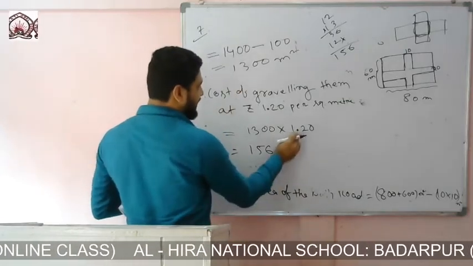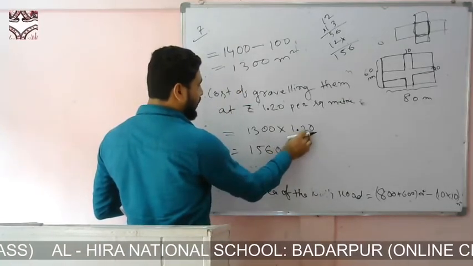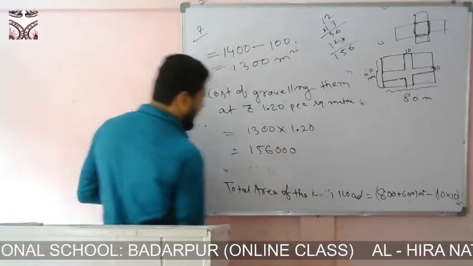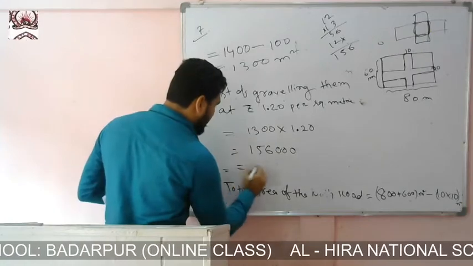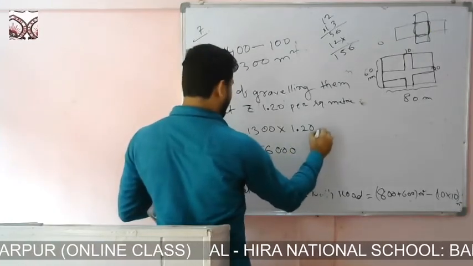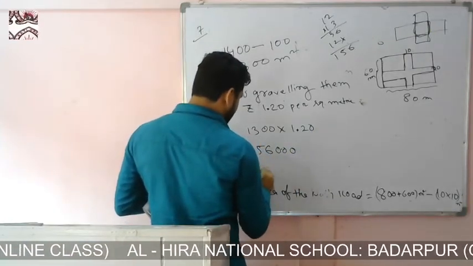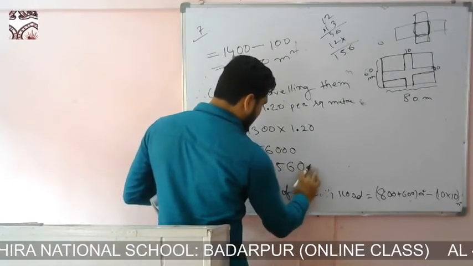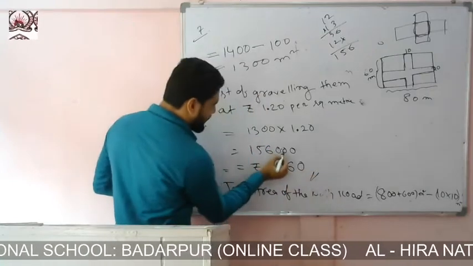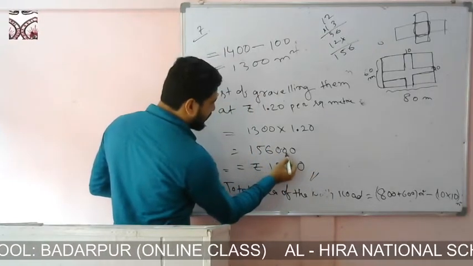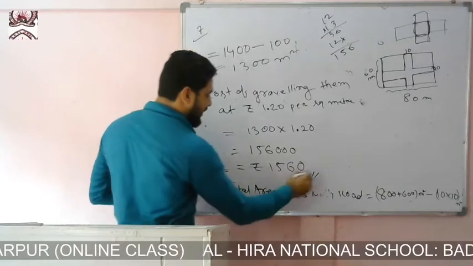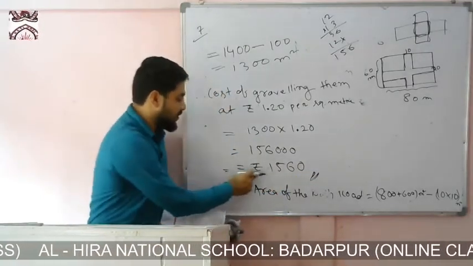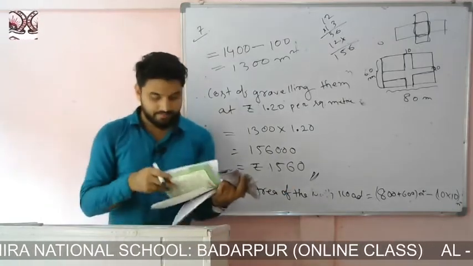Now you see the decimal is put before 2 digits, so it will come here. That means 1560 is the required answer. So I can write rupees 1560 is the required answer. If I put point here, then these two zeros have no meaning. I can write directly 1560 rupees.